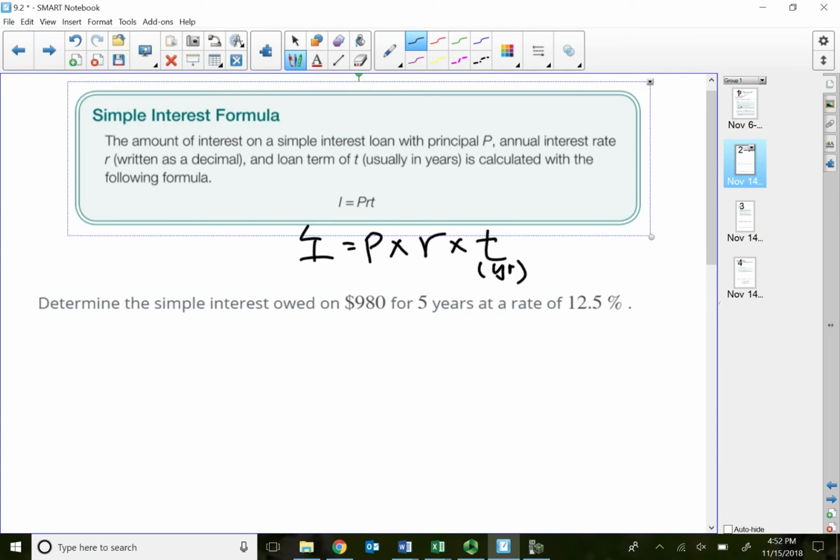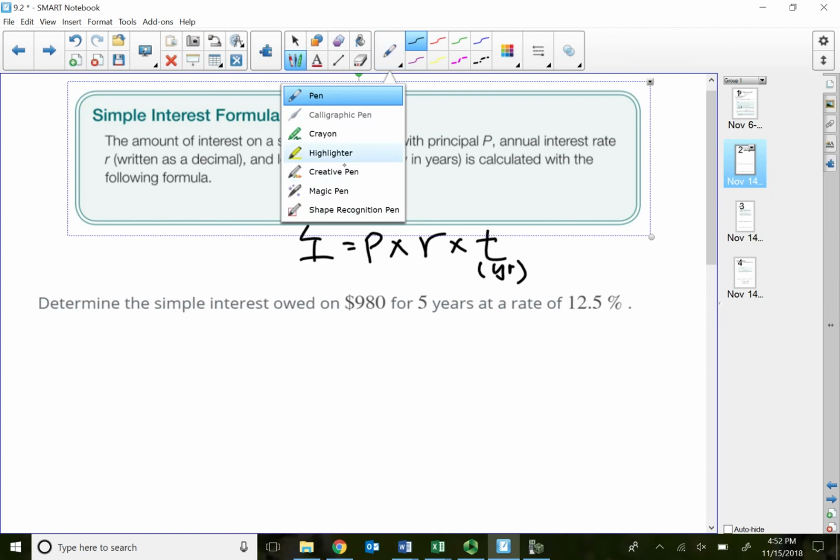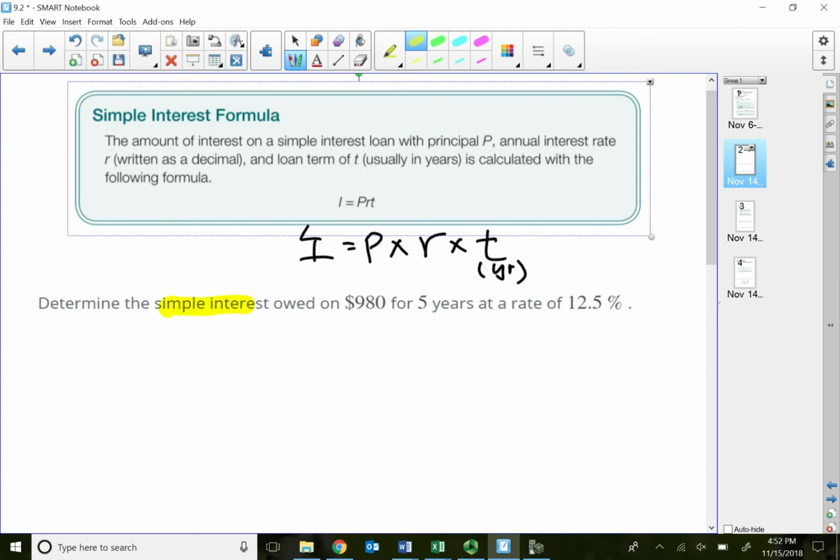So this first example: determine the simple interest. This problem wants me to find the simple interest. How do I know to use the formula I equals PRT? Because of the wording simple interest. Find the simple interest owed on $980 for 5 years at a rate of 12.5%.